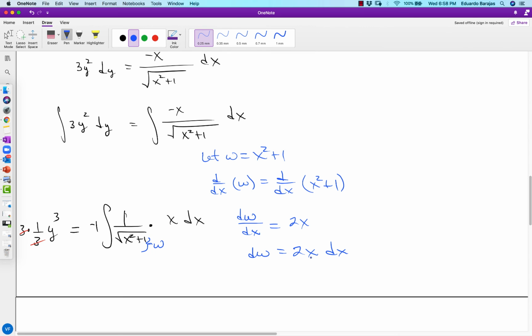I'm just missing that 2. So I'm going to insert it in here, and I'm going to balance it out by also multiplying by 1/2. 1/2 times 2 equals 1, so I haven't changed the value of my integral. And now this entire thing, including the 2, is my dw. Good. So now let me copy this up here.